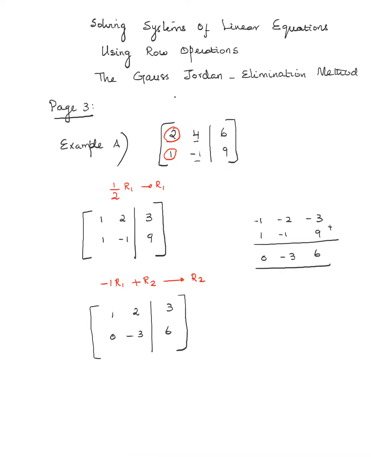The next step, our job is to make this -3 to 1. So in order to do that, we can divide by -3.